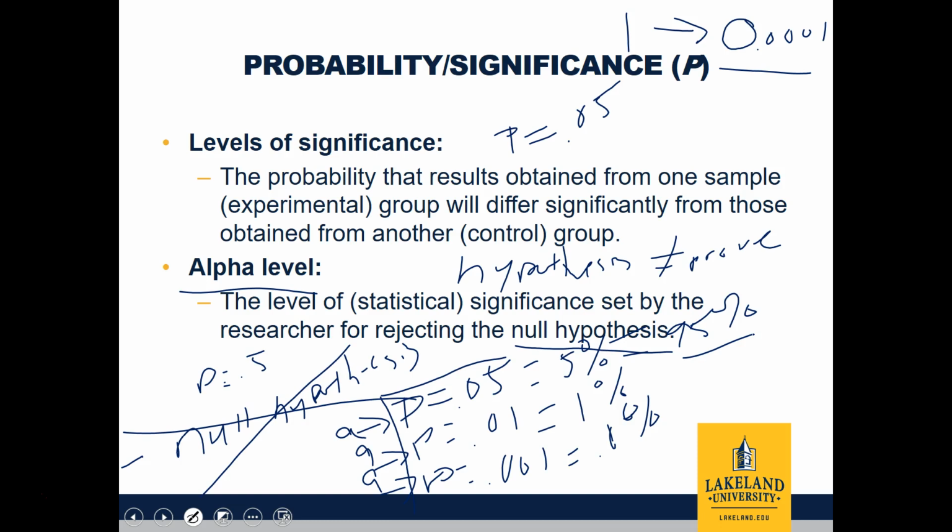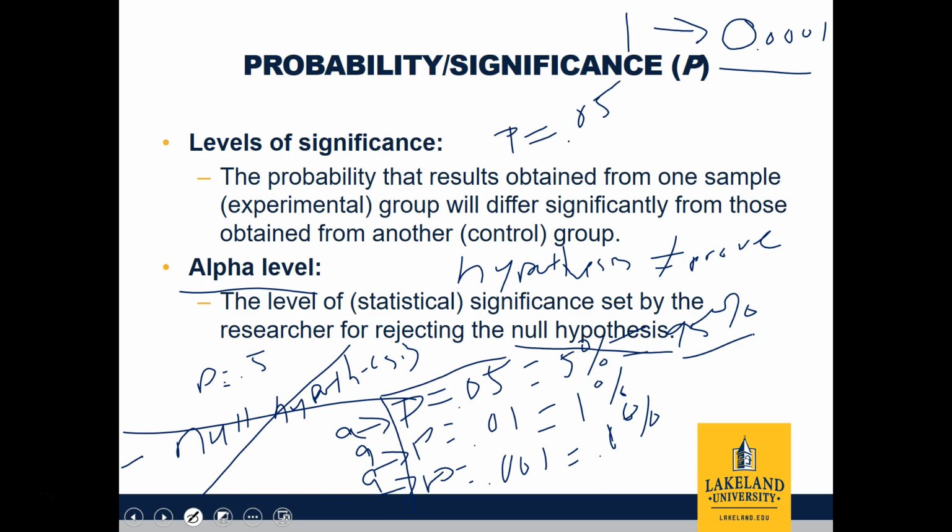Whereas a researcher might say that they think it's important to be 99% sure rather than just 95% sure. That's really kind of an arbitrary thing. There isn't anything that really dictates that, other than, with some more complex statistical analysis tools, they may say that we would want a 99% certainty.